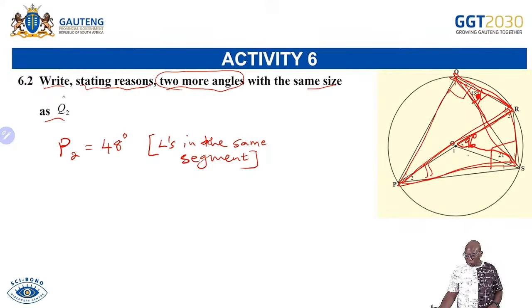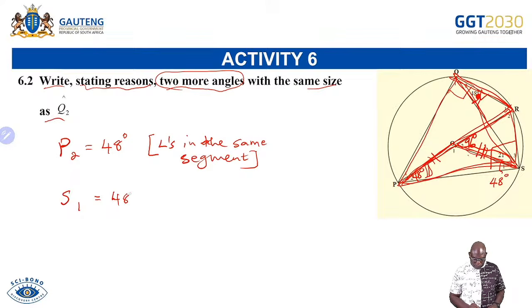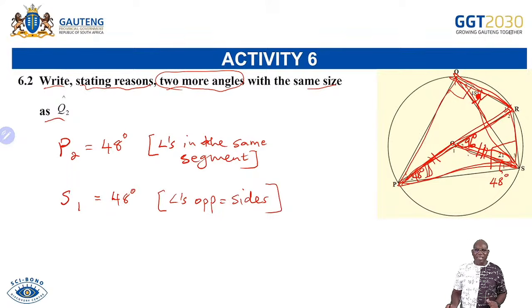What is the other angle that is going to be 48? If this is 48, this line and that line here are radii. So if they are radii, meaning that S1 will also be 48, because this line here equals that line. The reason will be angles opposite equal sides. Now, boys and girls, this is the only acceptable reason that is needed here.